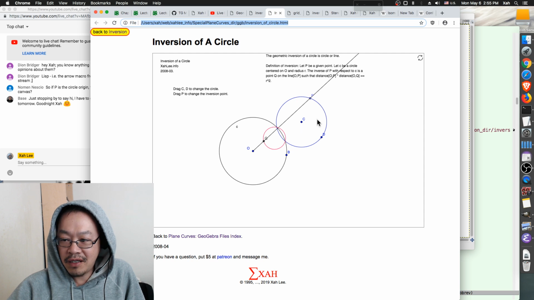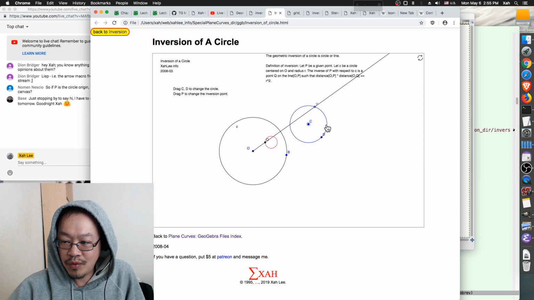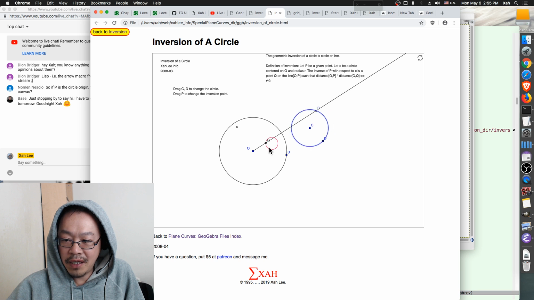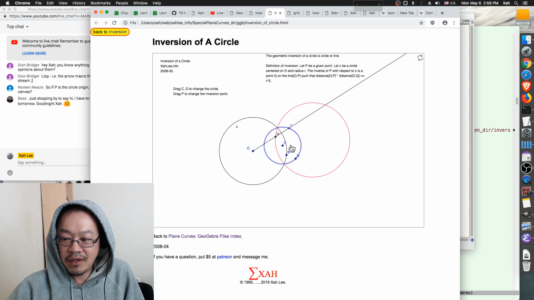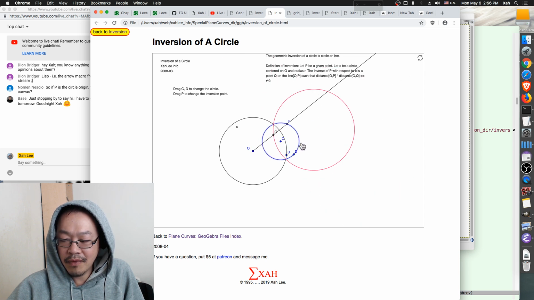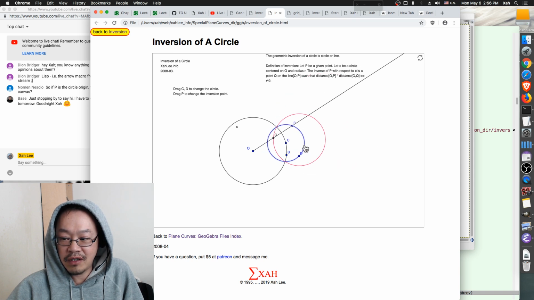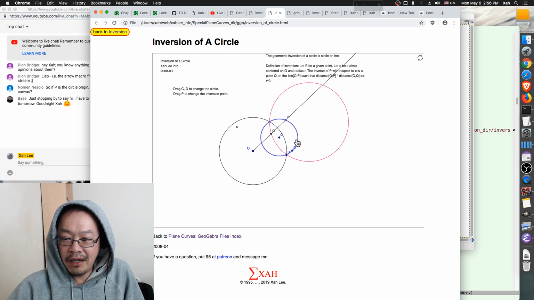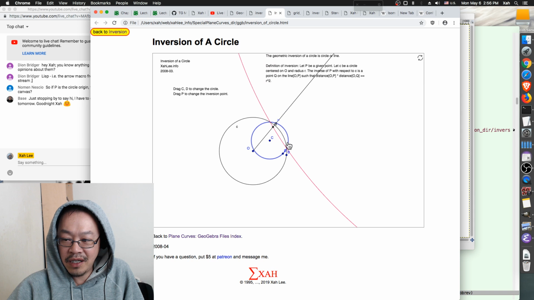This blue circle is the circle we want to invert. This blue circle becomes this red circle inside the circle. We can move the blue circle around. These two are geometric inversions of each other. You can see circles actually become circles. At some point, they become themselves. And you can also see how circles start to become a line when the radius becomes infinite. You see there?